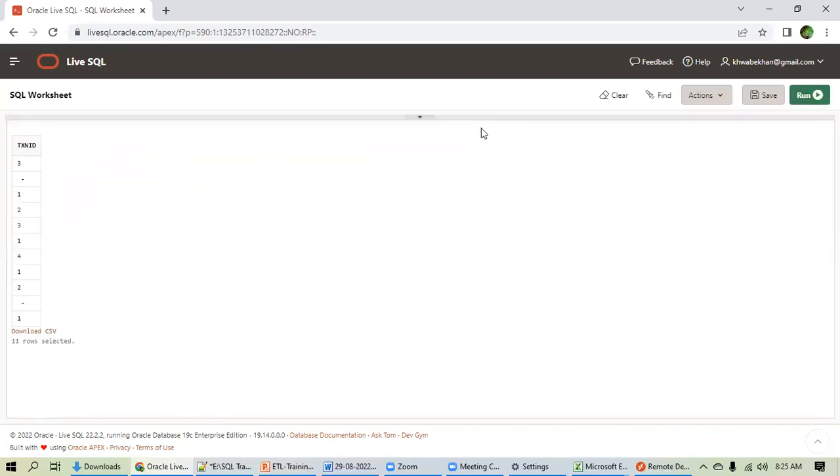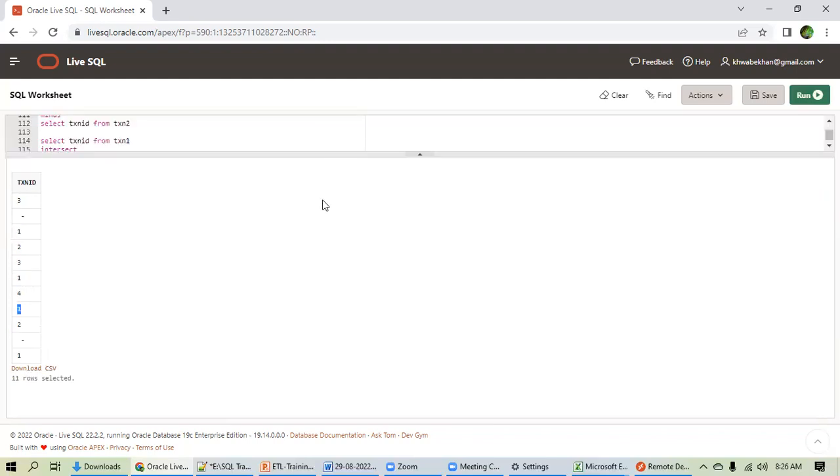Union all means I'm not bothered whether it is duplicate, whether it is null, whatever is there, display all the values. Now you see you're getting all the values from both the tables. You have null as well, and ID 1 is duplicate, so you're getting the duplicate as well. So that is union all.